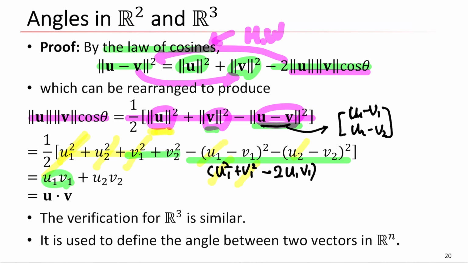Anyway, finally you can get u1 times v1 plus u2 times v2, which is defined as the inner product between vectors u and v.